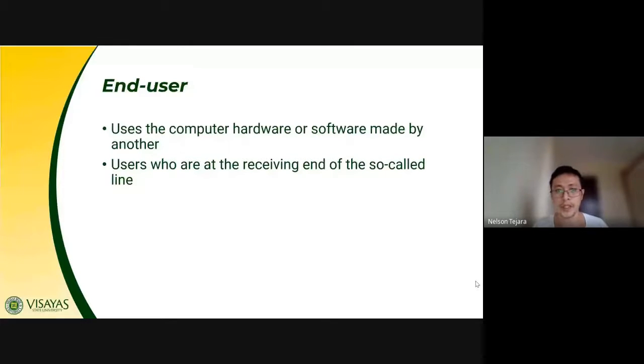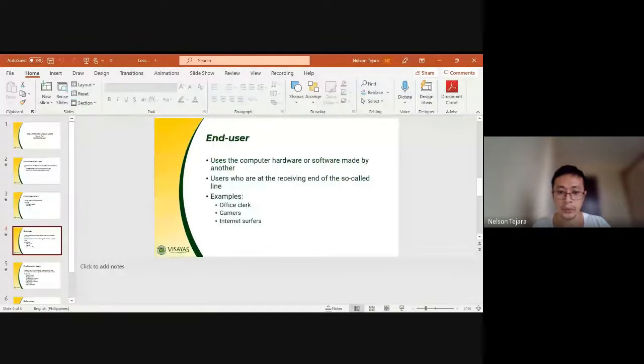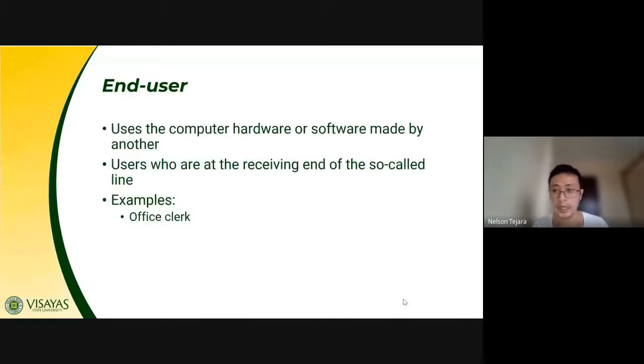So these end users are at the receiving end of the so-called line. Why are they called, class, at the receiving end? It is because they are the ones who receive the applications developed by programmers. They are the primary users of the programs created by software developers.